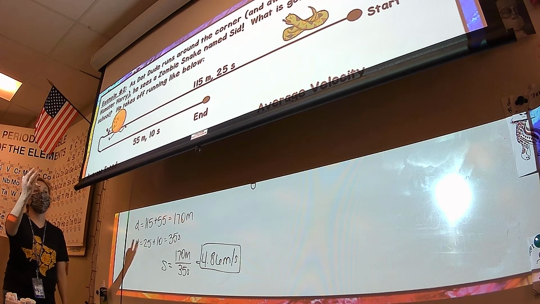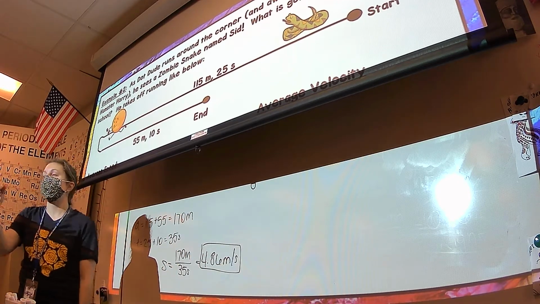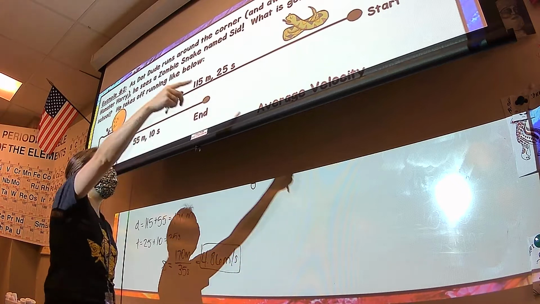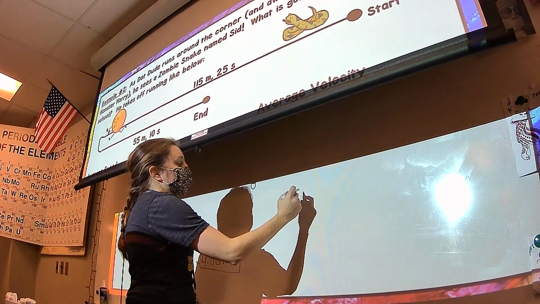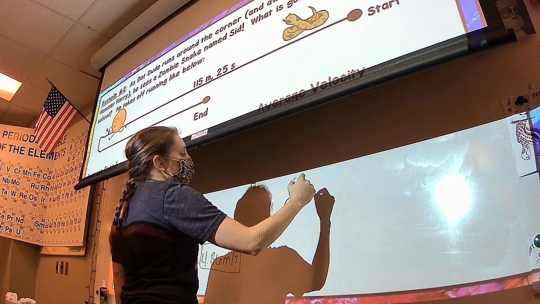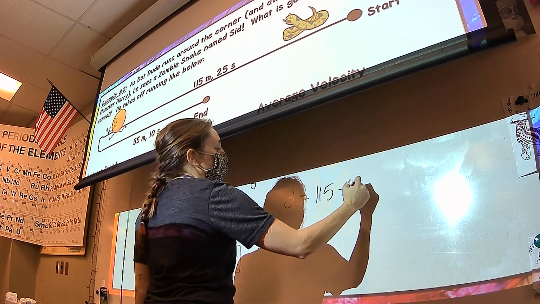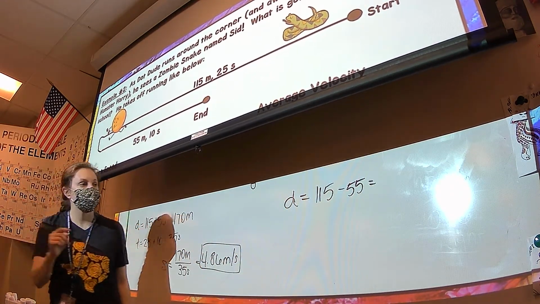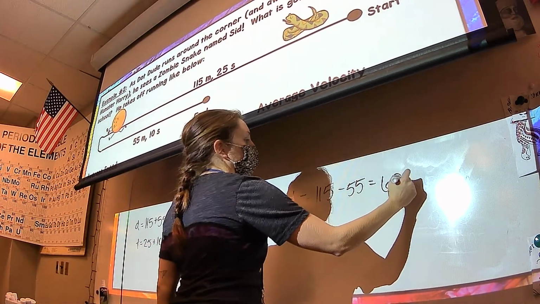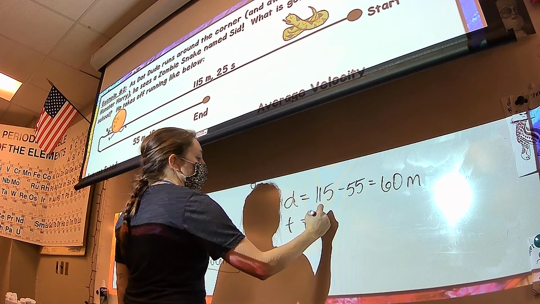Now we're doing velocity. The big difference is displacement. So we just want start to end, we don't want the total distance. For velocity, our D is displacement, and we subtract. 115 minus 55 is going to get us 50. Our time is still the same, that doesn't change.